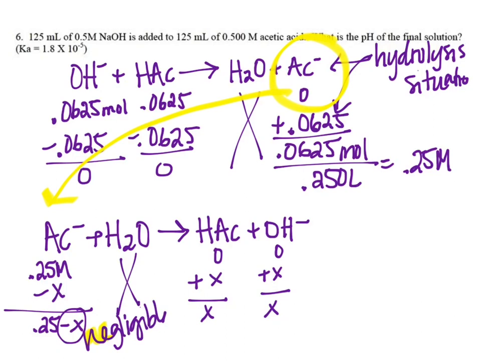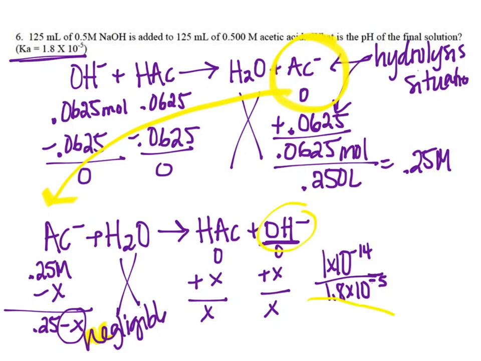And we have an OH, but we have a Ka value. So what do we need to do? So 1 times 10 to the negative 14 over 1.8 times 10 to the negative 5. Because it's a hydrolysis situation, we have the hydroxide ion, but we have a Ka rather than a Kb.